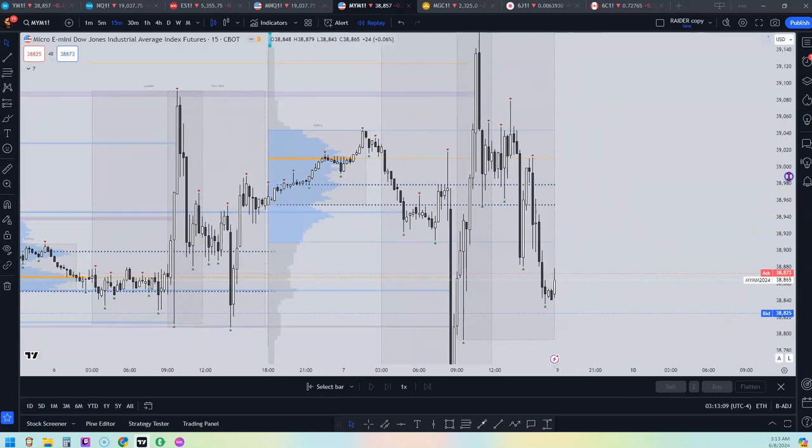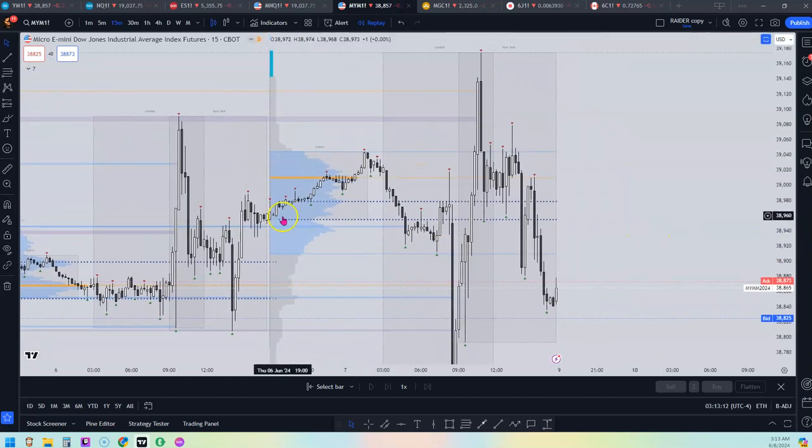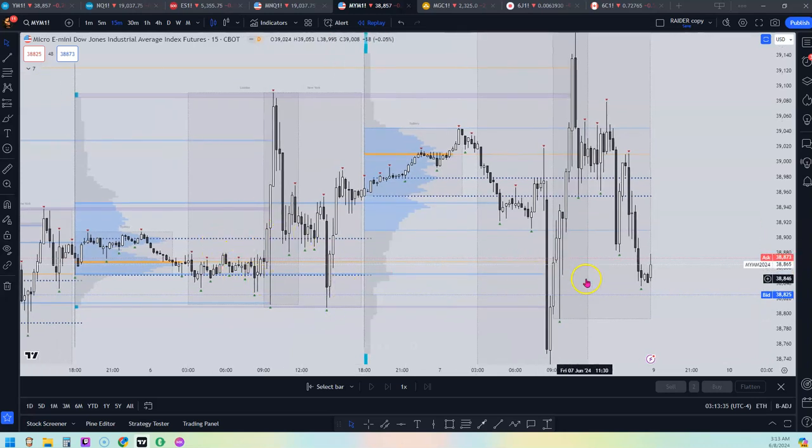When this is happening, sometimes the value area high and low change a little bit, because the market is not definitive at all. That's why I always look at the previous day, right?